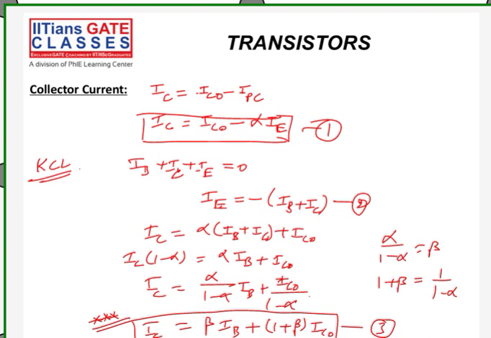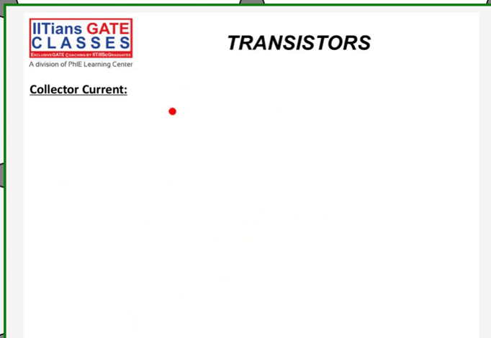So beta is equal to, in the next slide I can write, beta is equal to alpha divided by 1 minus alpha. Then next I can write alpha is equal to beta divided by 1 plus beta.